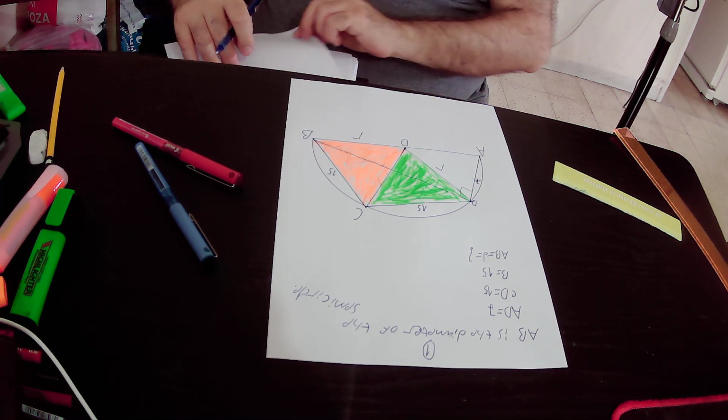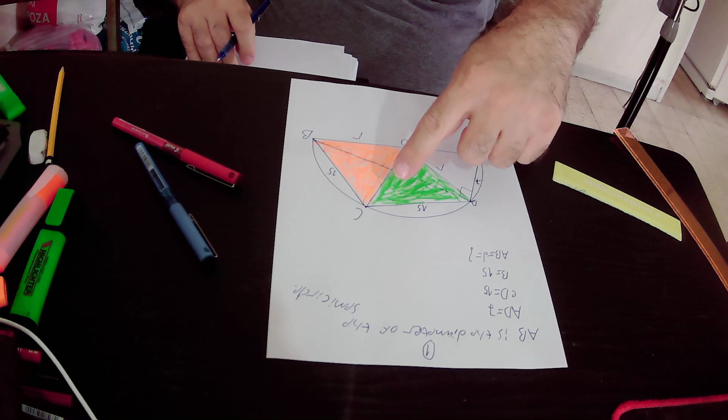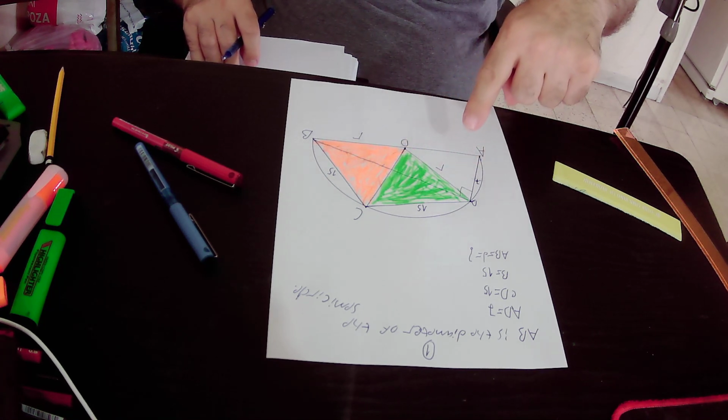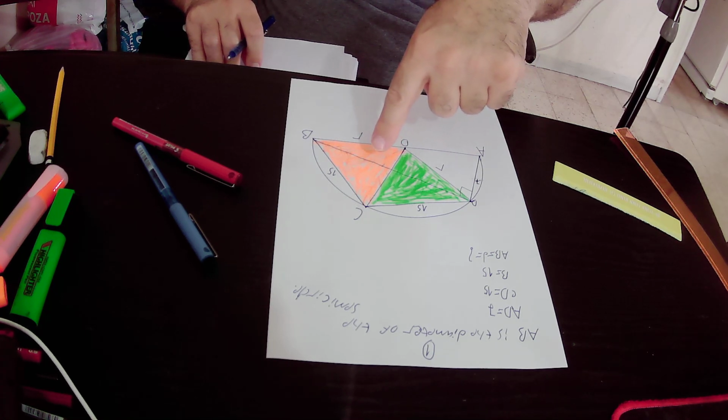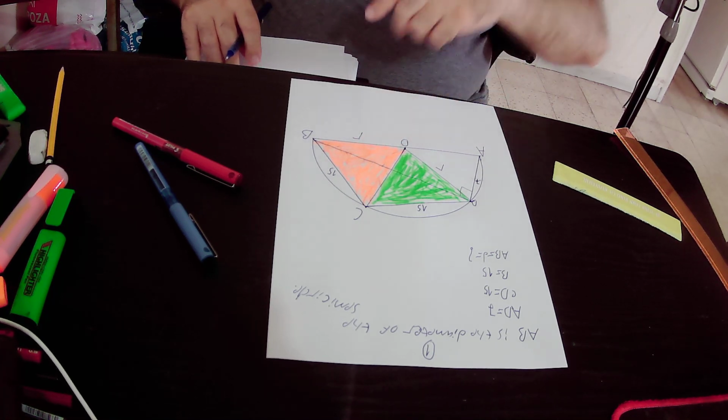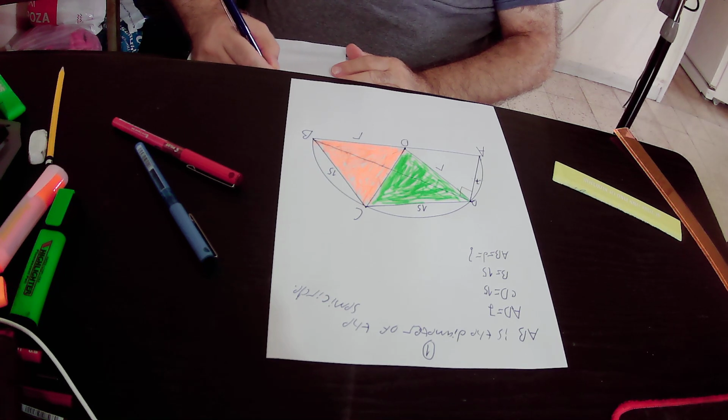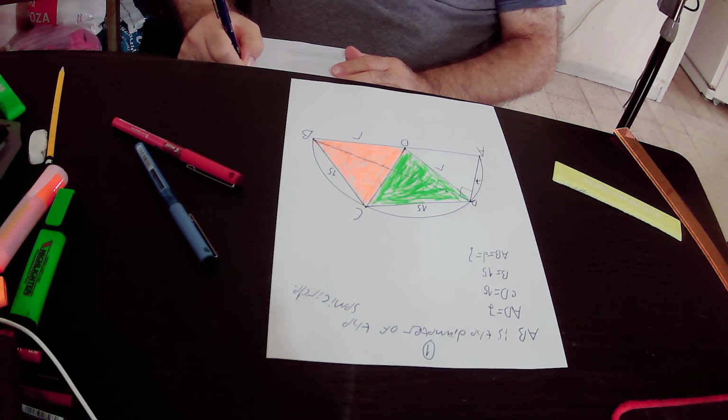And also OC is a common side. It belongs both to the green triangle and to the orange triangle. So OC equals OC. It is a common side.